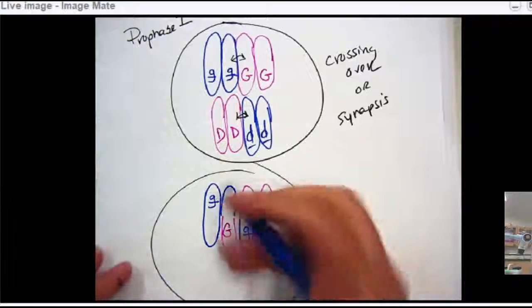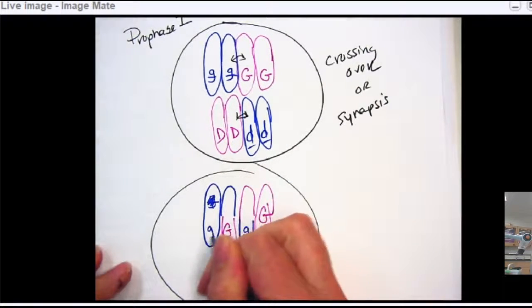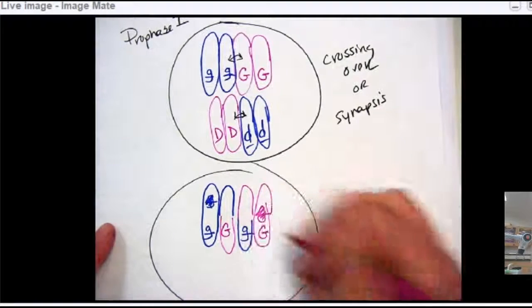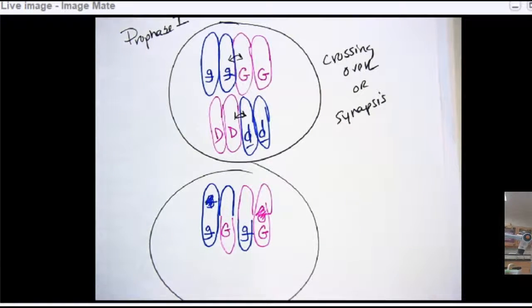And actually, to make things look a little bit better, the loci, or the location of the genes, should all be at the same spot.